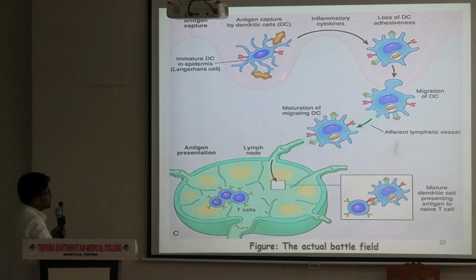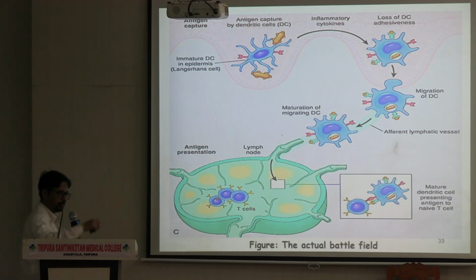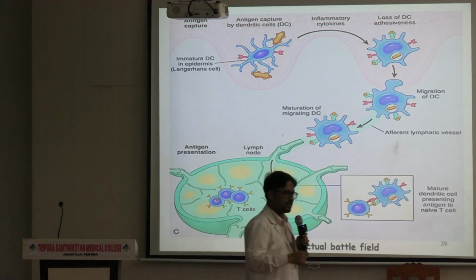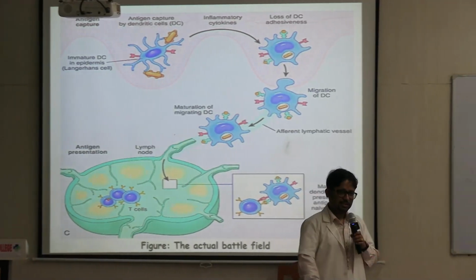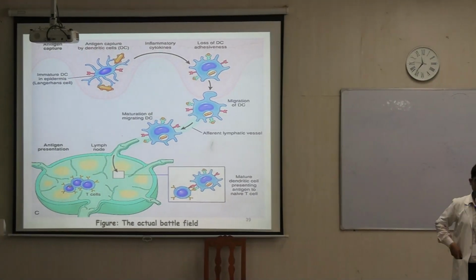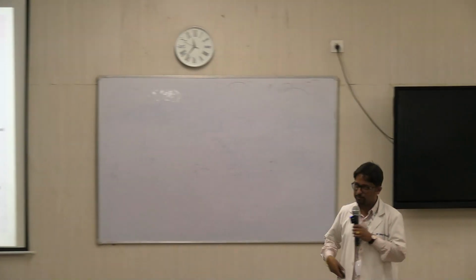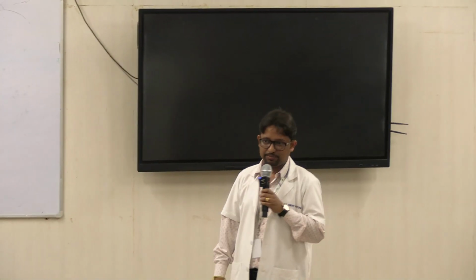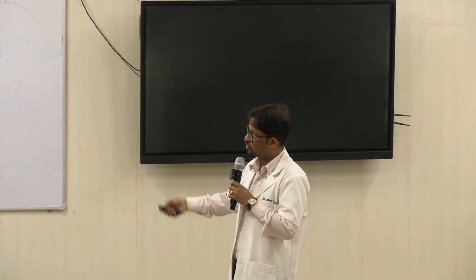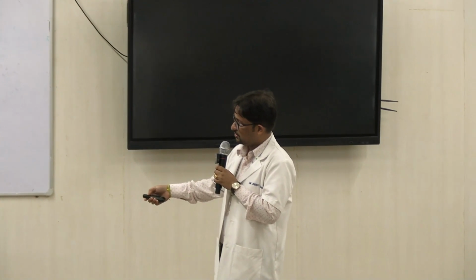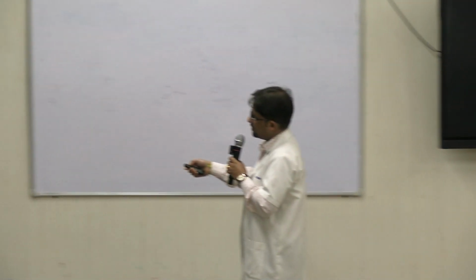At the same time some of the APCs, which are guarding the sentinels or portals of entry, in this example the skin, and this particular cell is the Langerhans cell. These are dendritic cells of the epidermis. So it is an APC, antigen-presenting cell. It engulfs or phagocytoses the antigen, processes it inside, right, and presents it on the surface of MHC molecules.